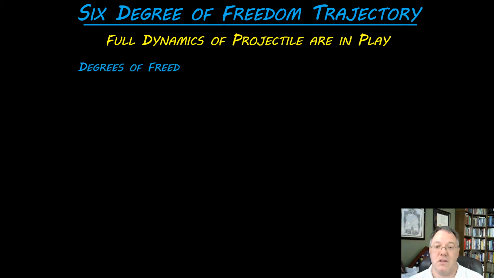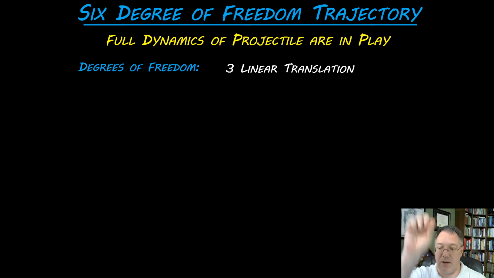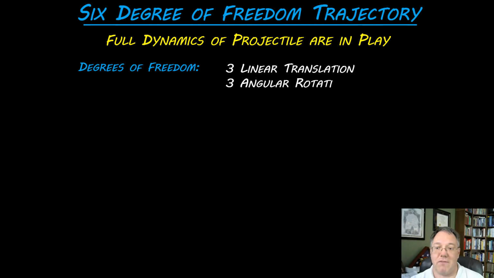All right, so those are 3 linear translations. We've been dealing with those. So how far downrange are we? Where are we located in space? We can go up, down, left, right, and forward, back. But we also have our 3 angular rotations. So how are we pitching and yawing and rotating our body as it moves around?